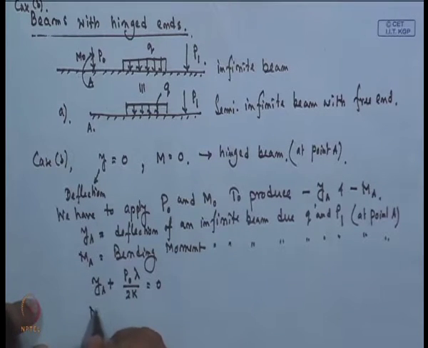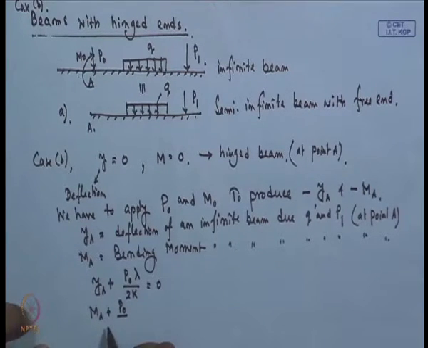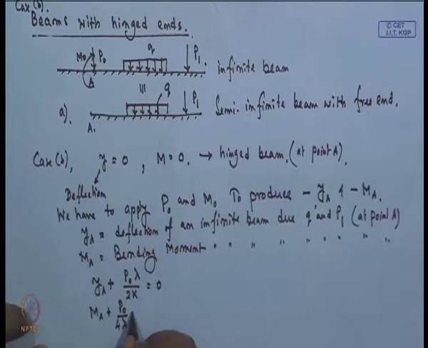Similarly, m a plus P 0 by 4 lambda plus M 0 by 2 is also equal to 0.